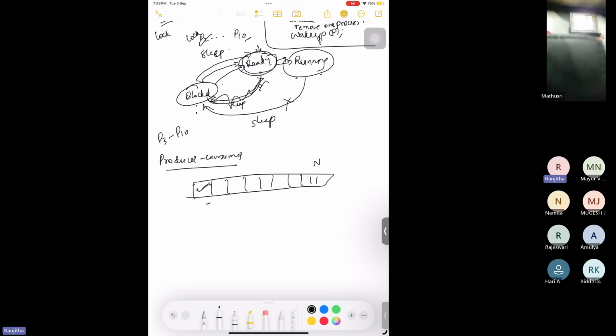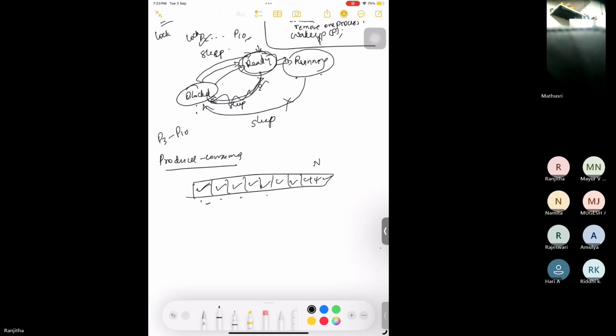That's not the scenario here. The producer can keep producing until it is full. Correct? So the number of resources we have here is n.